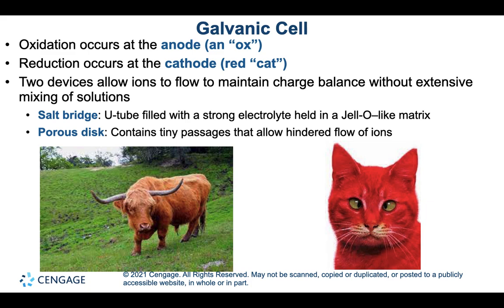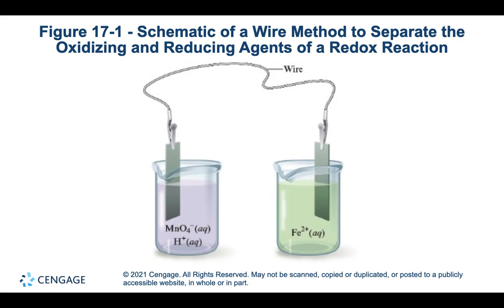They're sort of suspended but able to move if the electrical pressure pushes them from one side to the other through this jello-like matrix. Or a porous disc can actually just be a connection between the two beakers, where all they have between them is simply a disc with little holes in it that the ions can flow through.